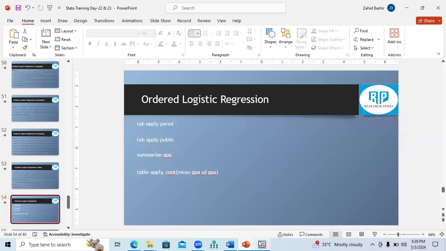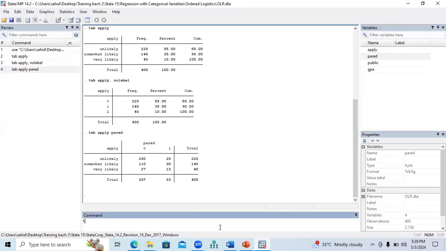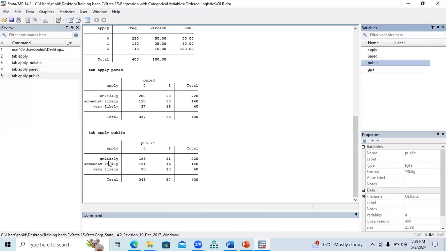Then tab apply public. We can write here tab, then apply, then public. And we can see here there are 189 people who are unlikely to apply to private institutes, and there are 31 people who are unlikely to apply to public institutions. There are 124 people who are somewhat likely to apply to private institutions.